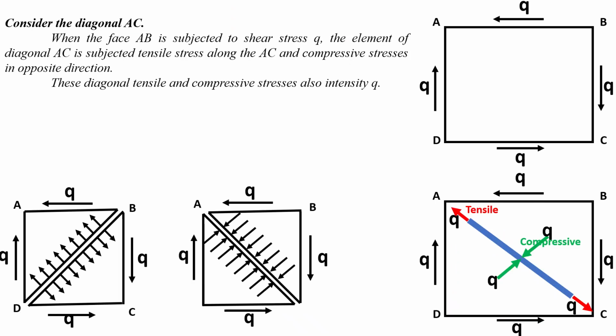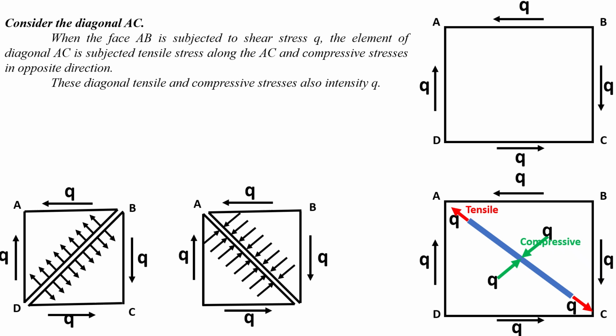Next we will determine the strain in the length of the diagonal AC in another way. For this, consider the diagonal AC. When the face AB is subjected to shear stress of intensity small q, then the element of diagonal AC is subjected to tensile stresses along AC and compressive stresses in the opposite direction.